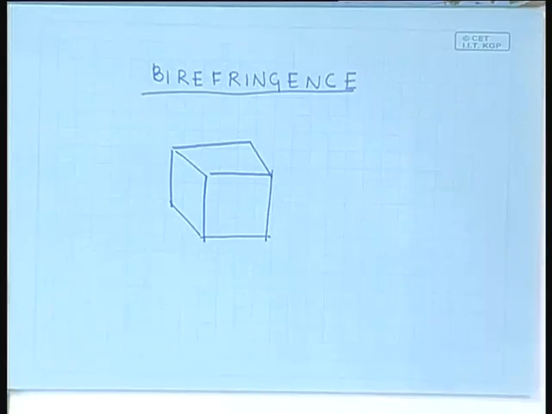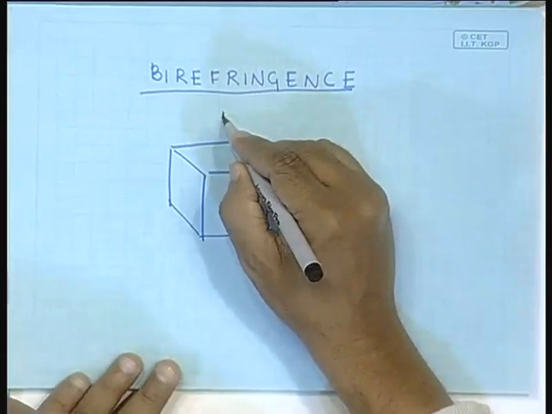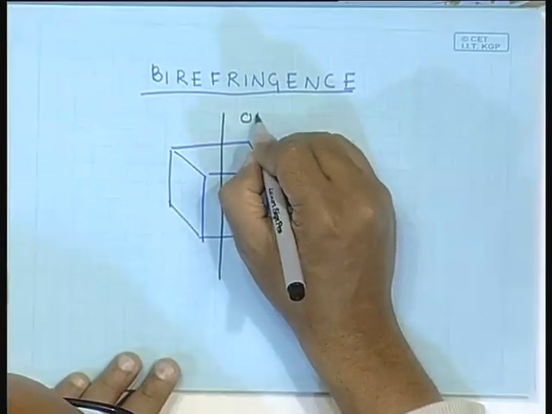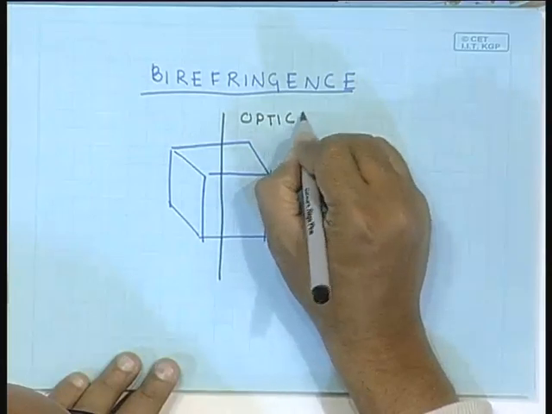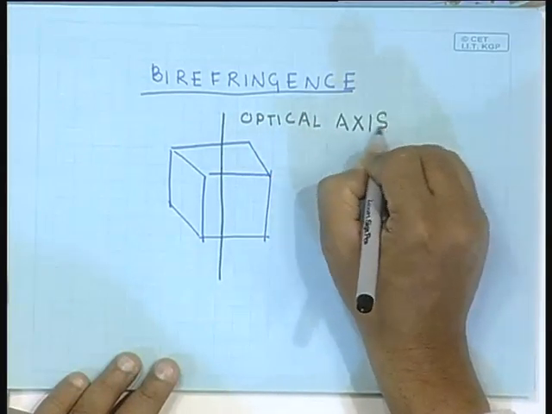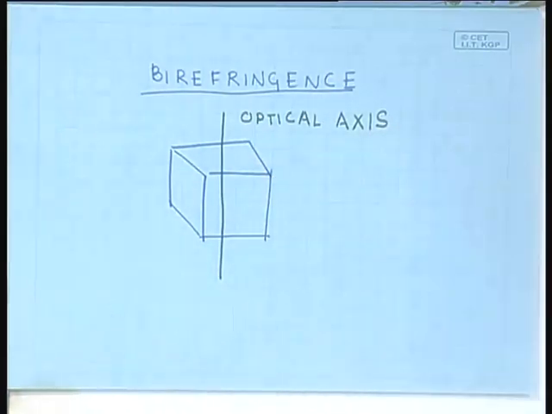Think of it not necessarily as a cube. The basic property of the particular situation that we are discussing is as follows. There is a particular direction in this material called the optical axis. It is not a particular axis, we should bear this in mind.